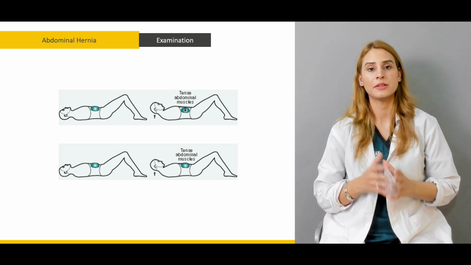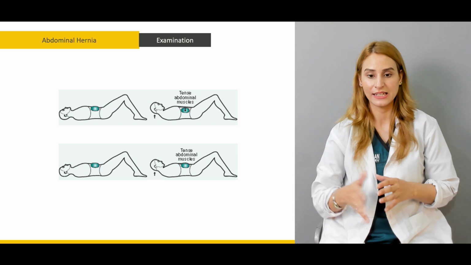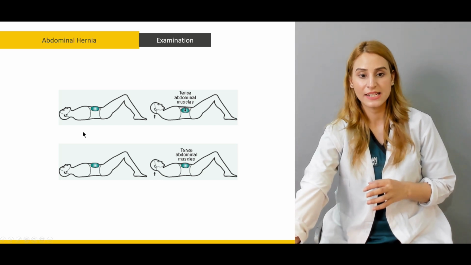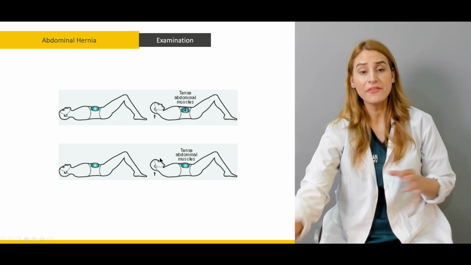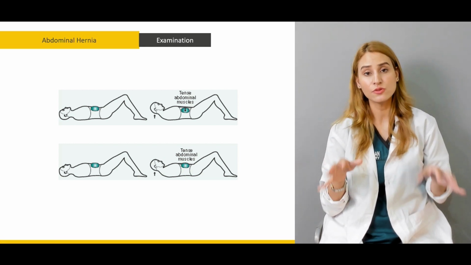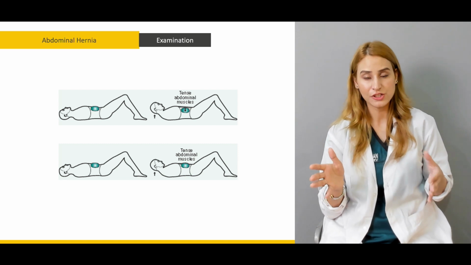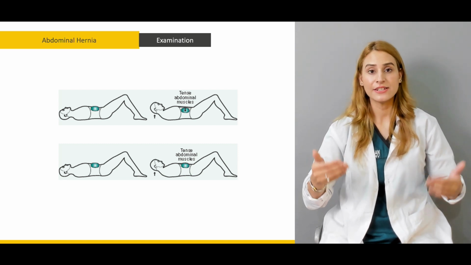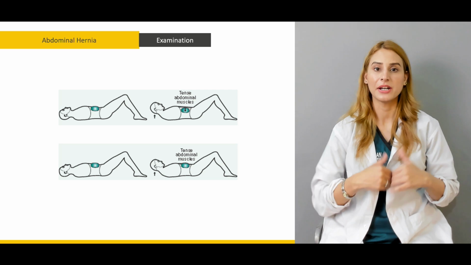So you will examine the patient in a supine position and in the standing position. These are basically the positions. Whenever you're examining the patient in a supine position, you will ask the patient to flex his legs, and you will ask the patient to elevate the head by 30 degrees.